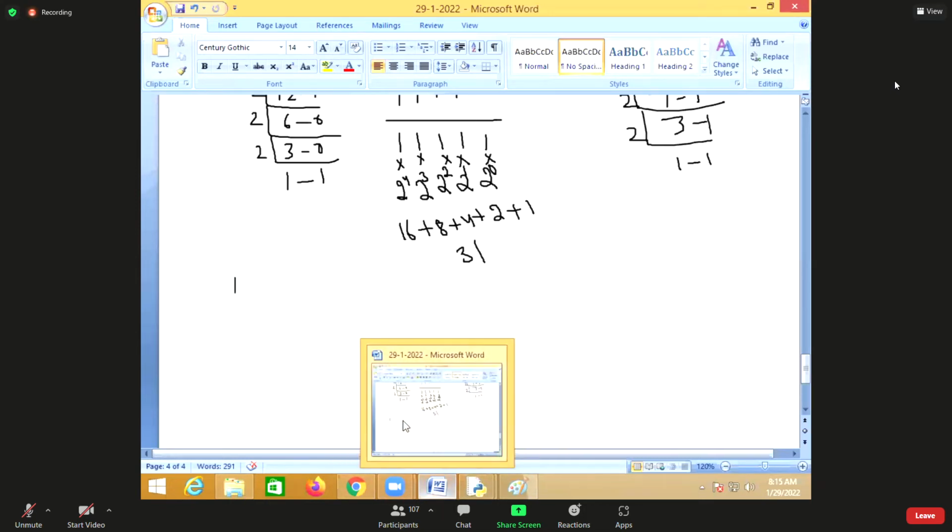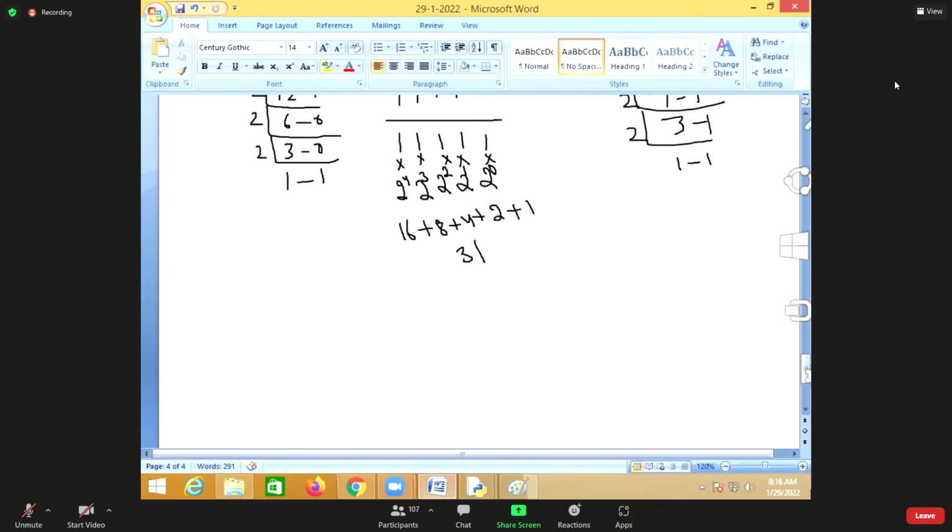So next, there is one more operator, which is called the bitwise exclusive OR operator. It has a cap symbol and is called the XOR operator.